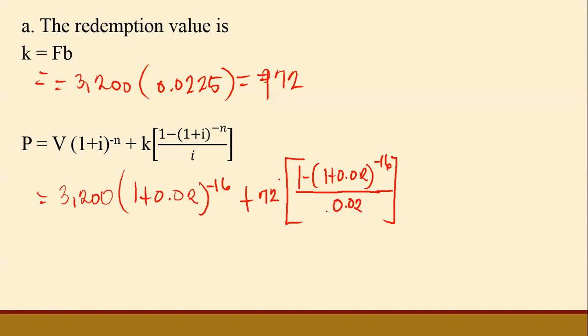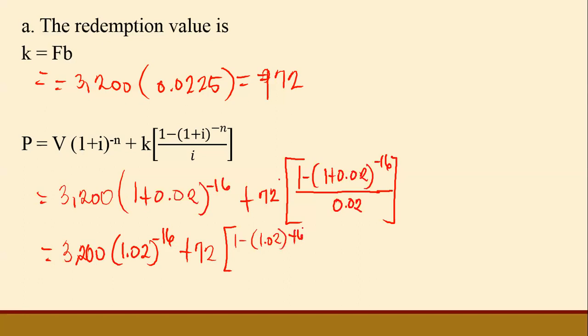Okay? Next. So let us continue the calculation. This is 3,200 times 1.02 raised to negative 16 plus 72 times 1 minus 1.02 raised to negative 16 over 0.02.